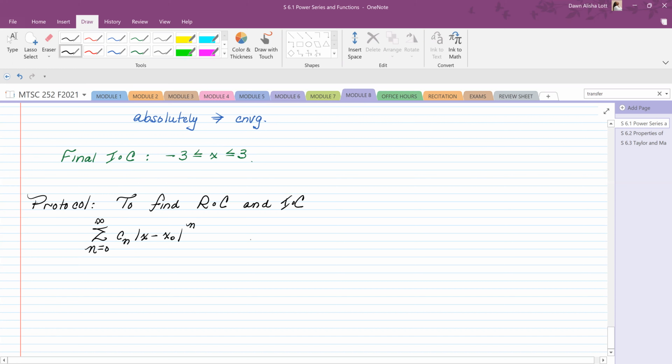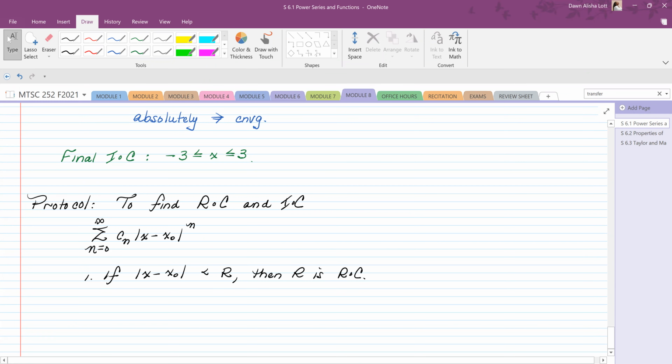If the absolute value of x minus x naught is less than some number r, then r is the radius of convergence.